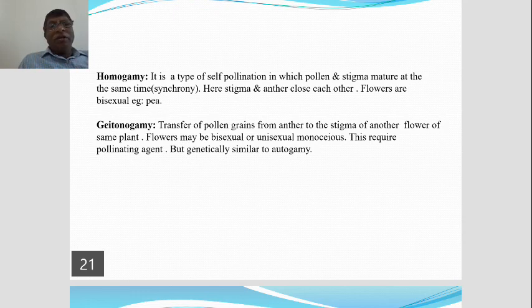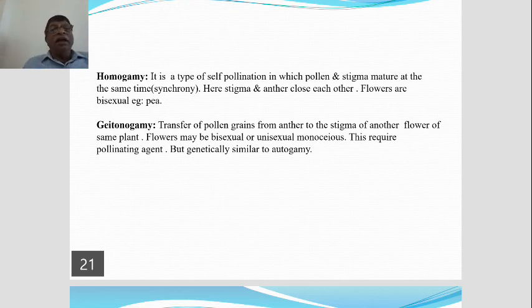Synchronization means both male and female parts must mature at the same time. Here, the stigma and the anther are close to each other.